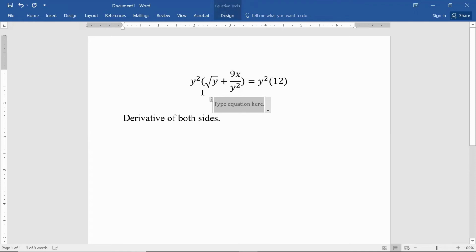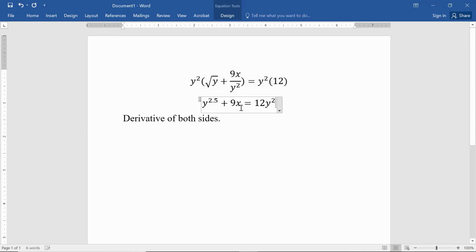So if I multiply y squared by square root of y, I get y to the 2.5 power, or the 5/2 power. If I multiply the y squared times 9x divided by y squared, I just end up with 9x. And on the right-hand side, I have 12y squared.